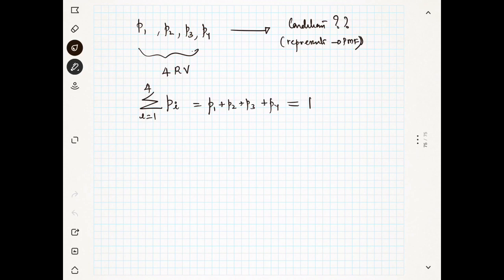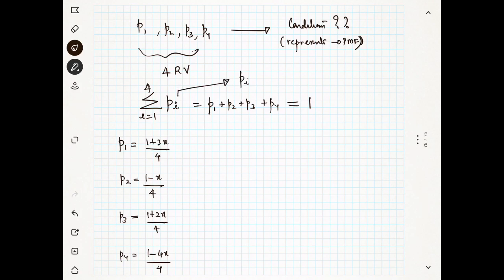You know that p1 is (1 + 3x)/4, and p2, I will rewrite it again, is (1 - x)/4, and p3 is (1 + 2x)/4, and p4 is given as (1 - 4x)/4. Now all the probabilities should also satisfy another condition, that all the probabilities are greater than or equal to 0 and less than or equal to 1.